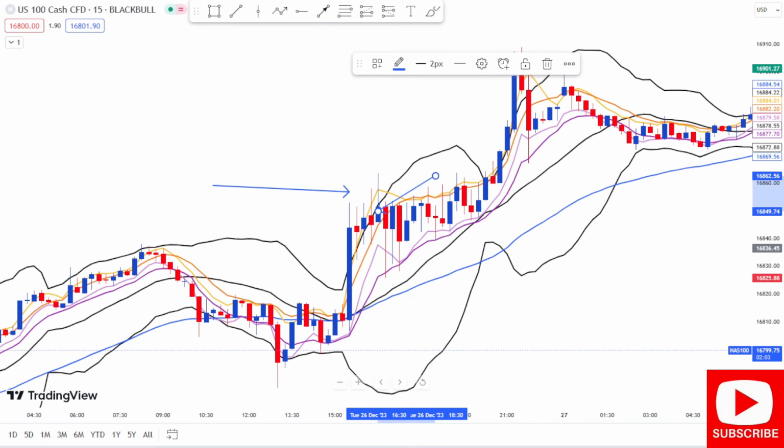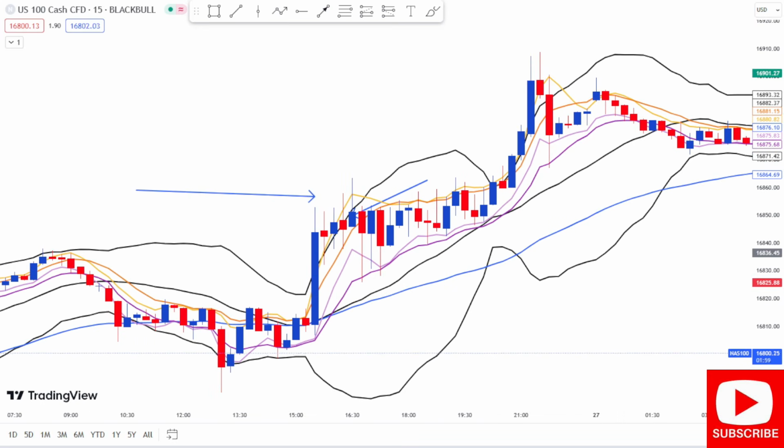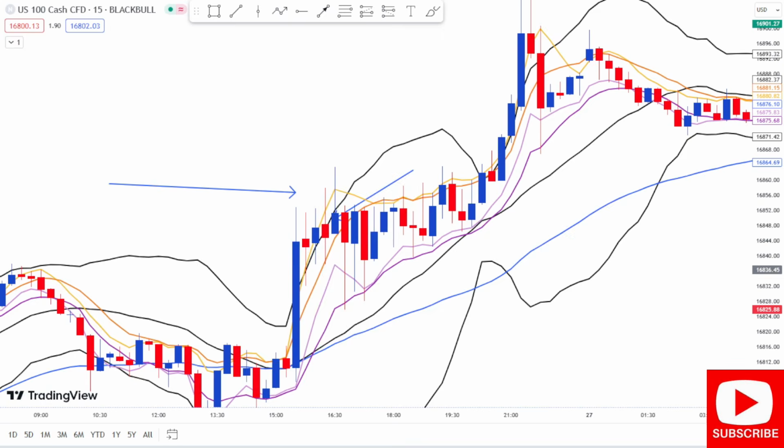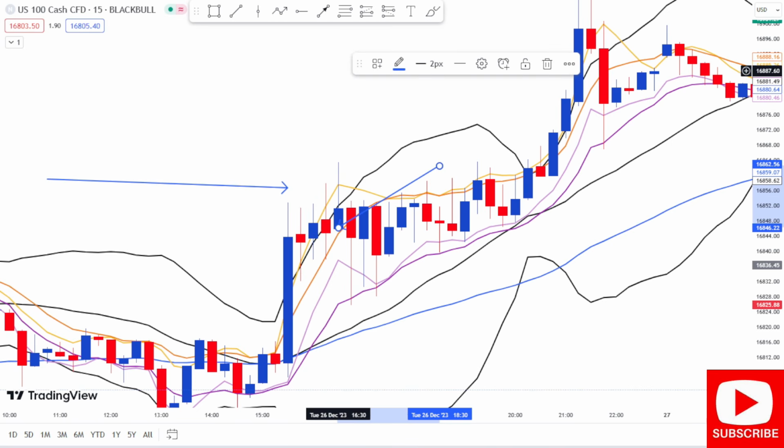Let me zoom this in for you guys. Okay, so we can see price came back and closed inside the Bollinger Band. That is where we are going to be taking our trade.